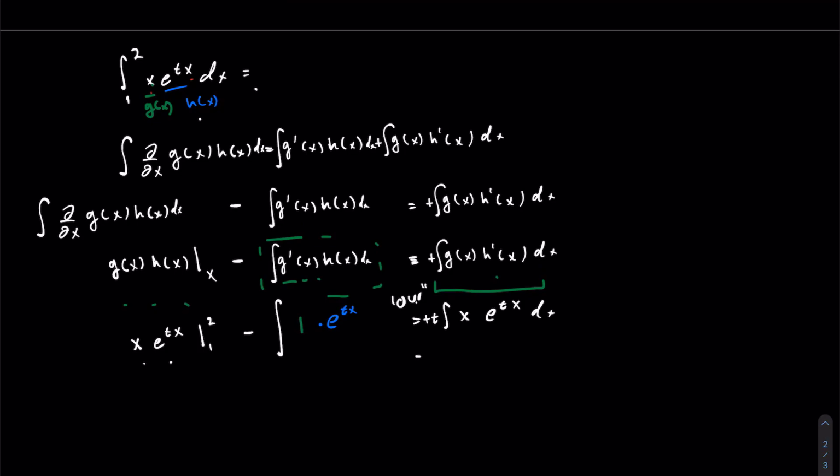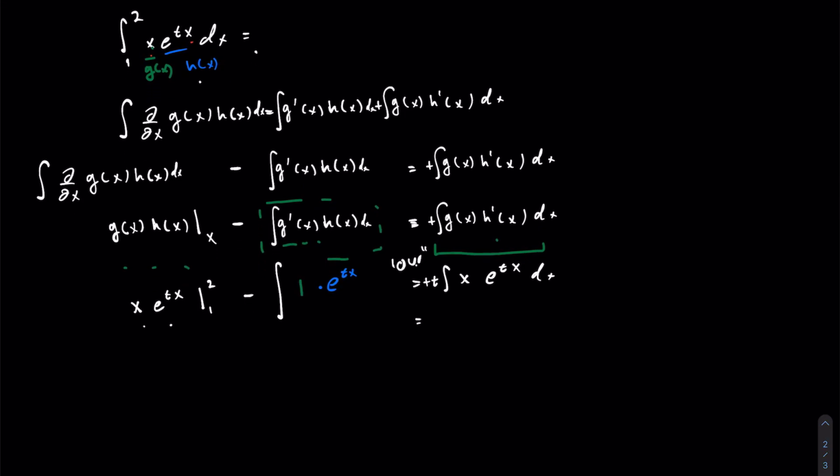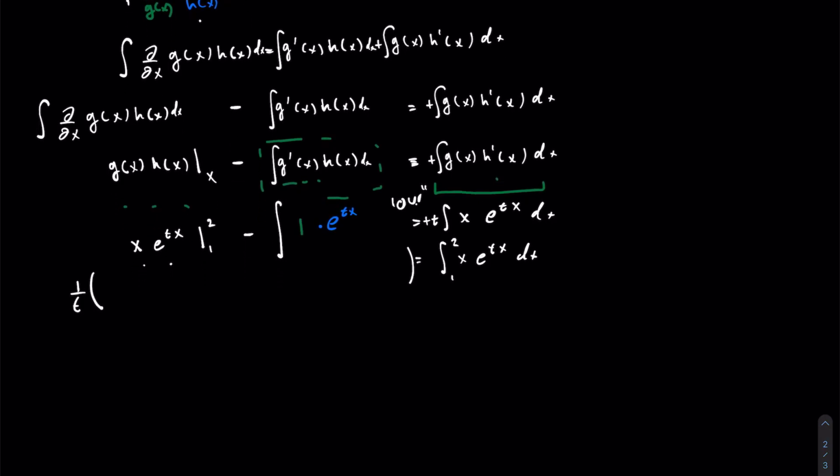So let's not forget doing that. We'll be writing 1 over t in parentheses just like this, and then the integral from 1 to 2 of e to the tx dx, like that, and proceed on this basis.